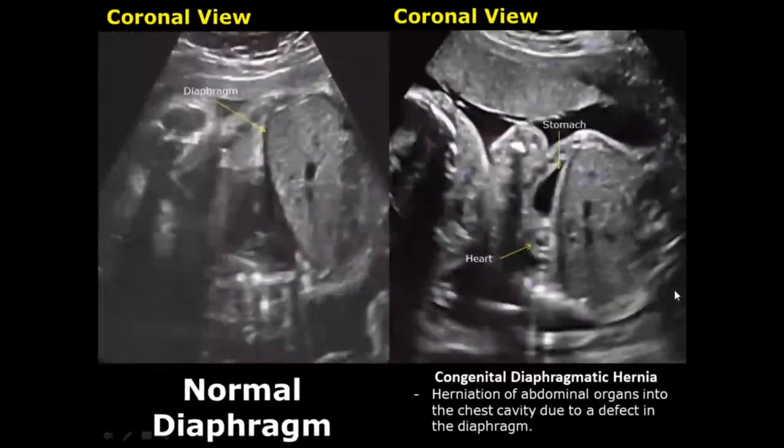A fetal diaphragm appears as a hypoechoic structure between the thoracic cavity and the abdominal cavity.